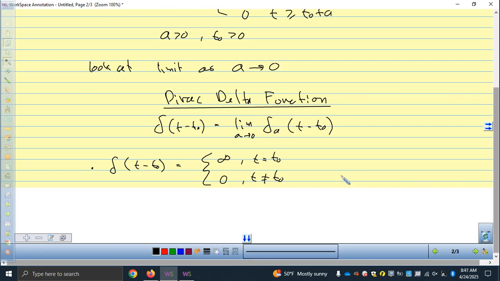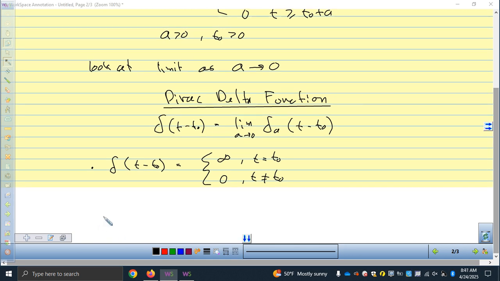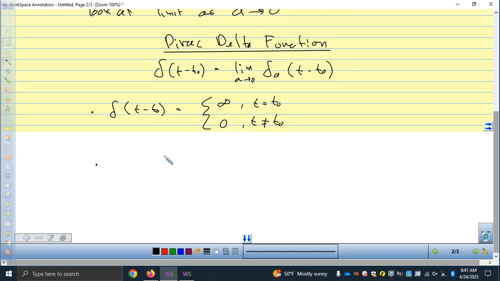One reason it's not a true function is that I'm saying this function equals infinity. That's a very big gray area in formal mathematics. We don't say things are equal to infinity; they can approach infinity. But this is one of the properties of the Dirac delta function. It's infinite for basically 0 time.